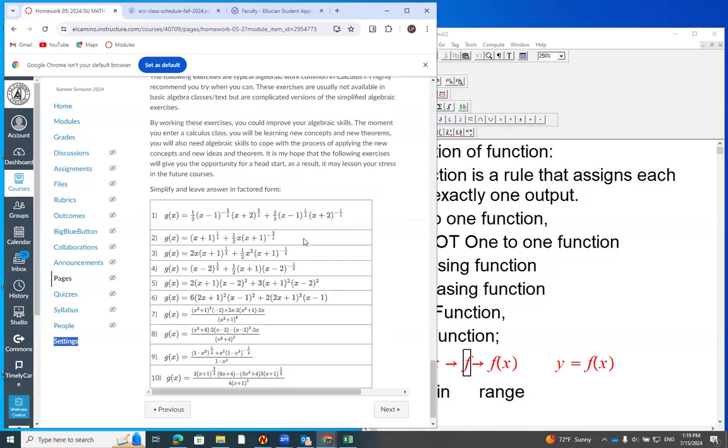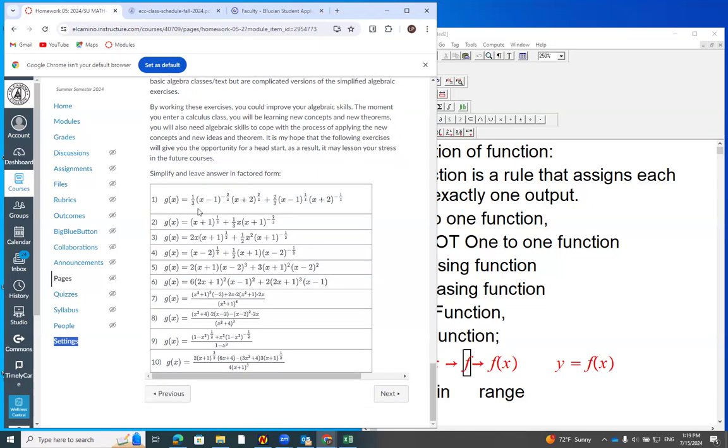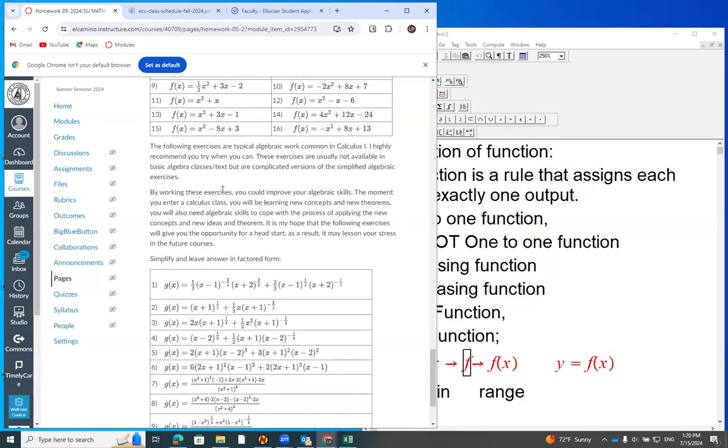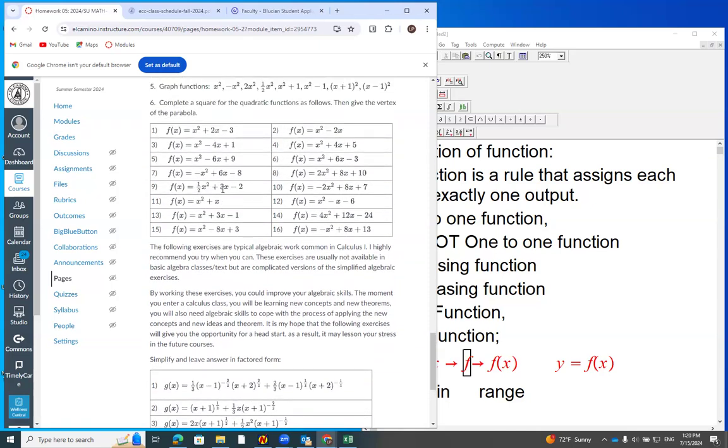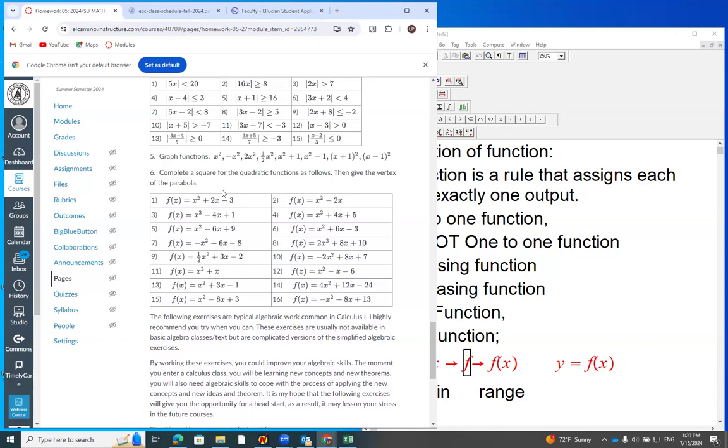So you're going to see those tweaks in the latter part of the homework for this week. And these questions, g of x, are actually very typical of functions you are going to see in the process of studying calculus classes, especially calculus 1 in the latter chapters.